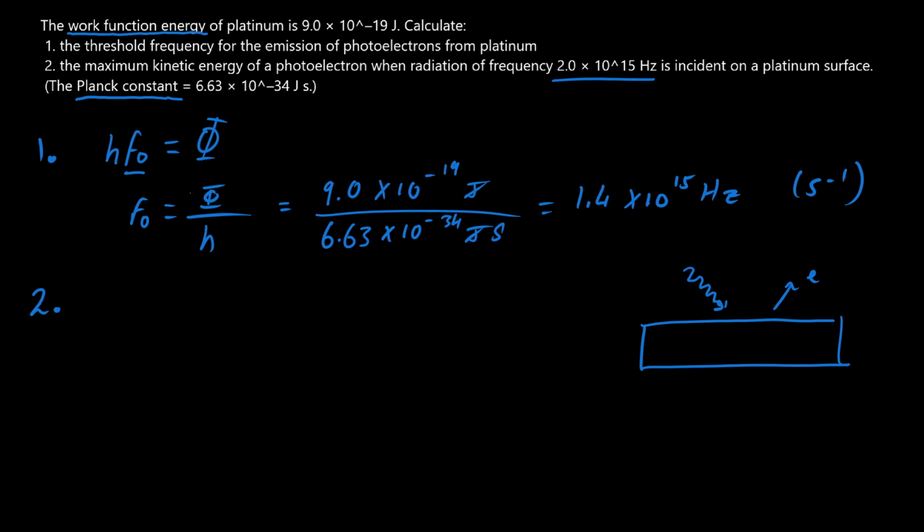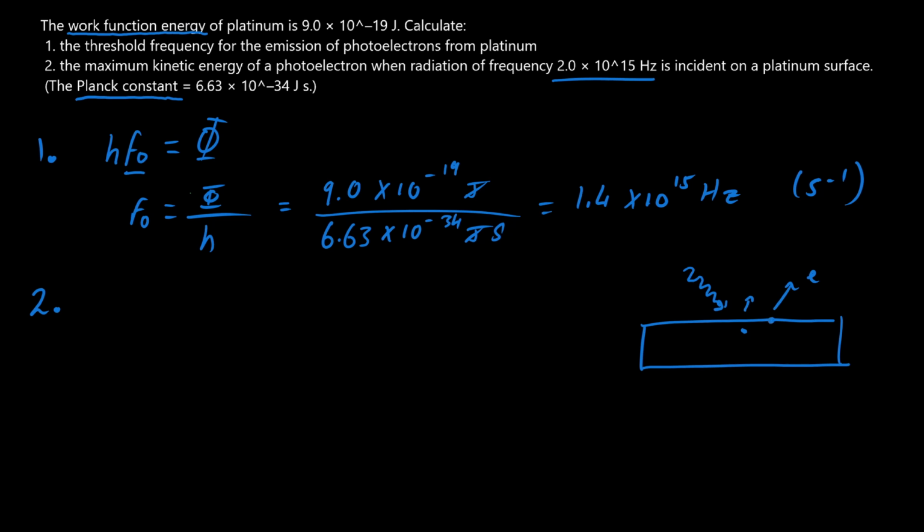Now our goal is to find the maximum kinetic energy, which simply means that these electrons would be closer to the surface. Free electrons that are further into the metal will require even more energy from the photon to escape, which will mean that their kinetic energies will be slightly lower. So the maximum kinetic energy is for electrons that are right on the surface.